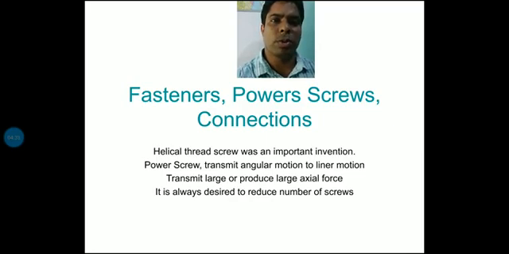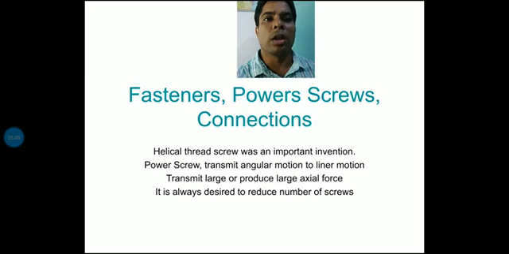The power screw transmits angular motion to linear motion. If I rotate it and put an external load, the angular movement is transmitted to linear movement. If we put in minimum effort, we can get maximum output.